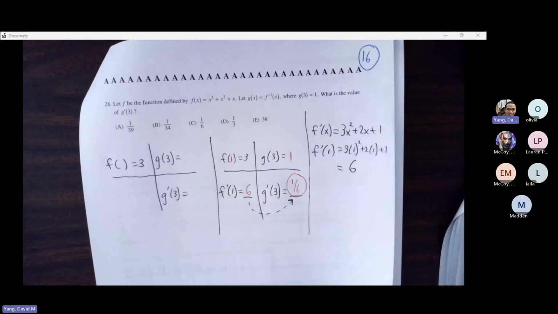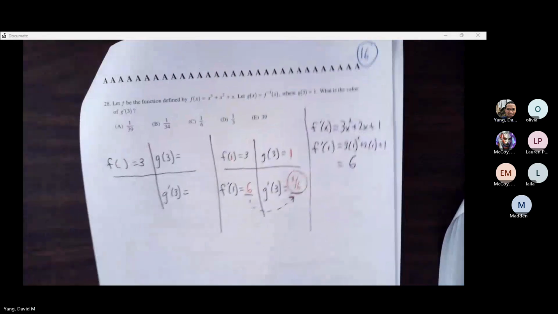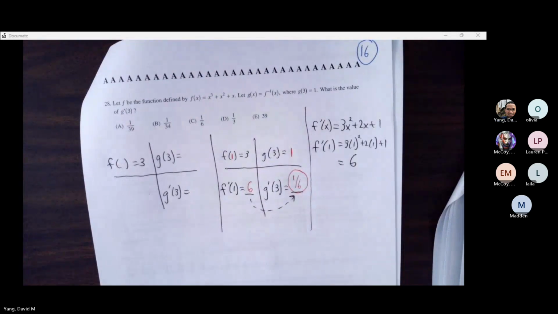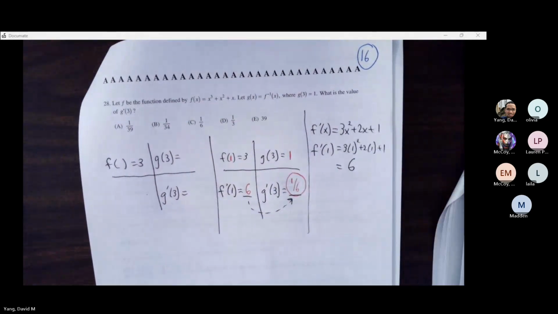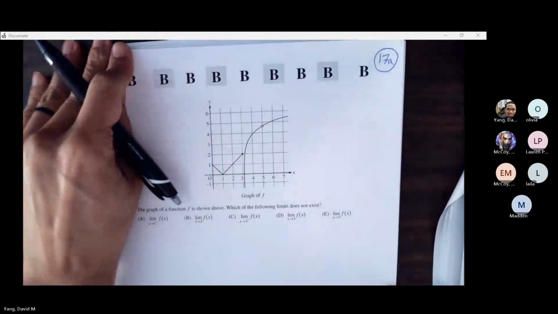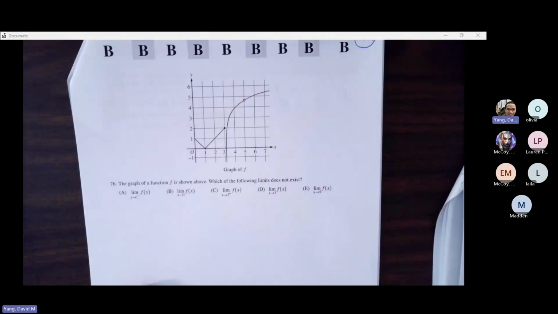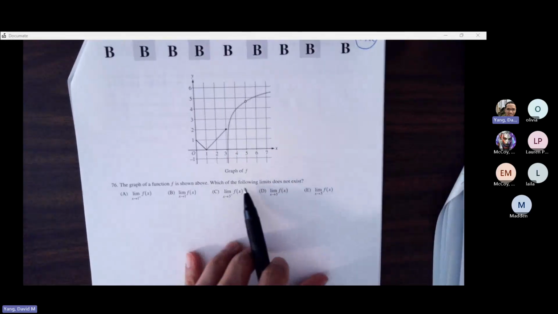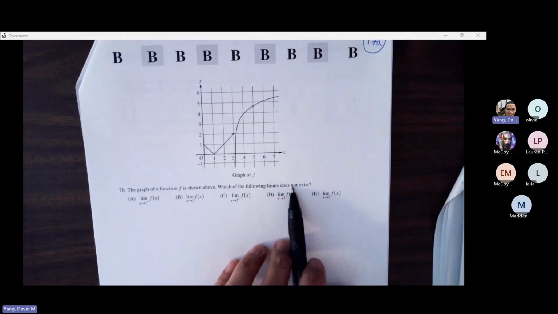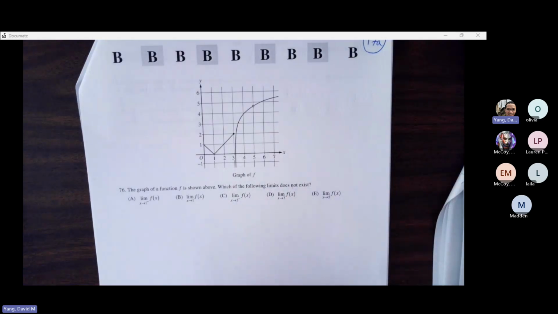Okay, moving on to the calculator section. The graph of function f is shown. Which of the following limits does not exist? So a limit not existing is if I can pick points on either side of my target and they're not headed towards the same y value.